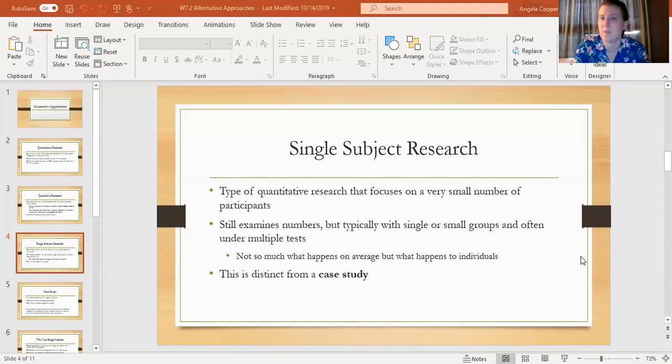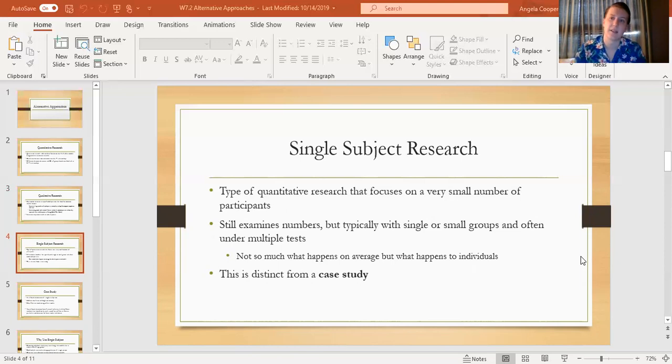And with that, we might have a small sample size, but we have hundreds of points of data for them. So yes, we have a small sample size, but our data is still large. We still obtain a lot of information from these participants.